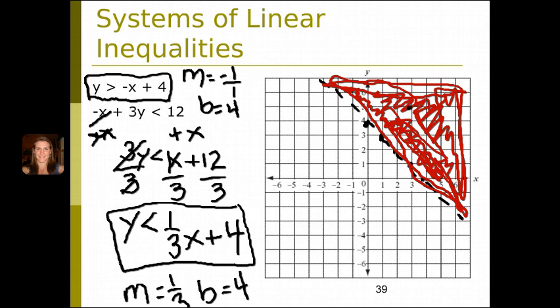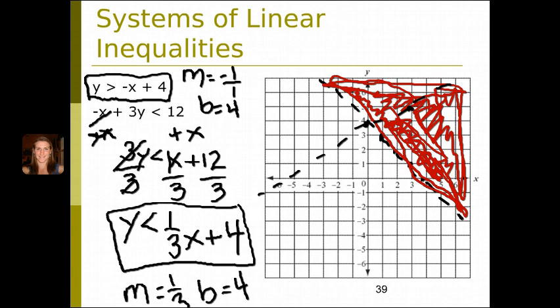Again, I'm going to use a dashed line because my inequality symbol is less than, and it does not include this boundary. If I'm going to shade everything that's less than this line, then I need to shade everything that's below the line.